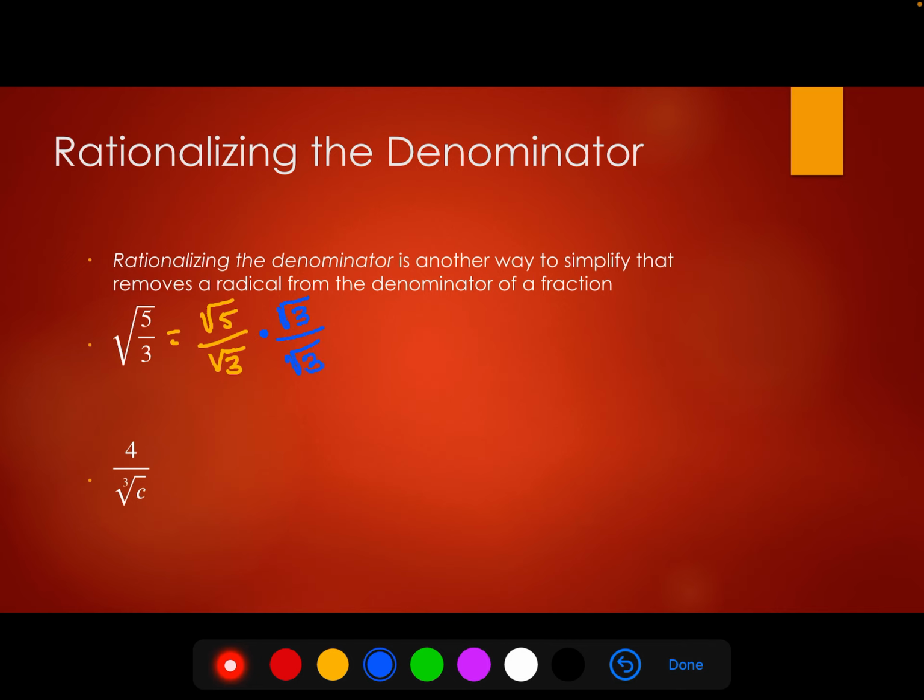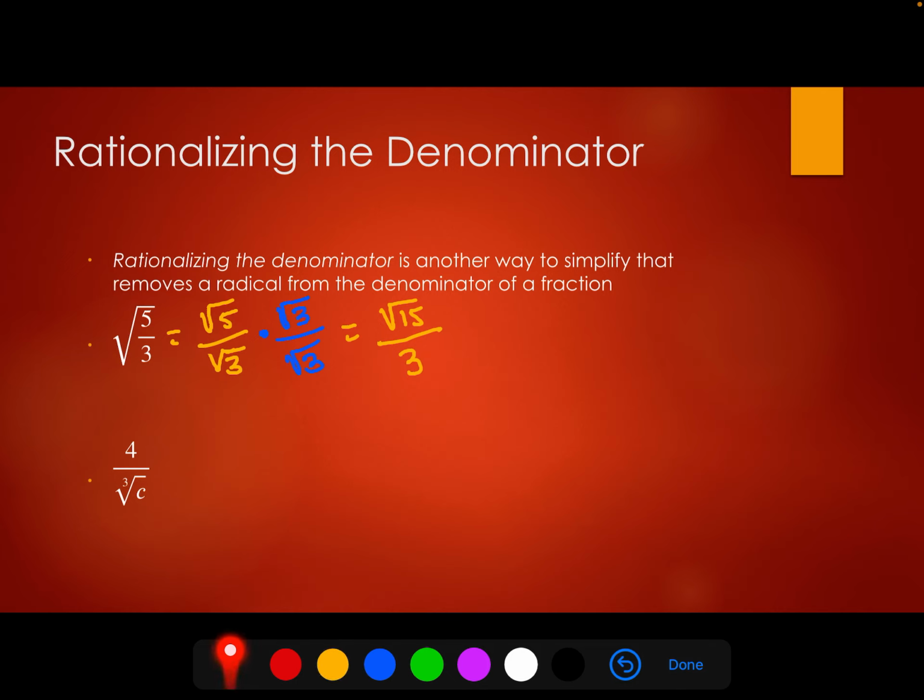And when we do that, in our numerator, we're going to have the square root of 5 times the square root of 3, which is the square root of 15. And in the denominator, we have the square root of 3 times the square root of 3. Well, the square roots get rid of each other. So now we just have a 3 in our denominator.